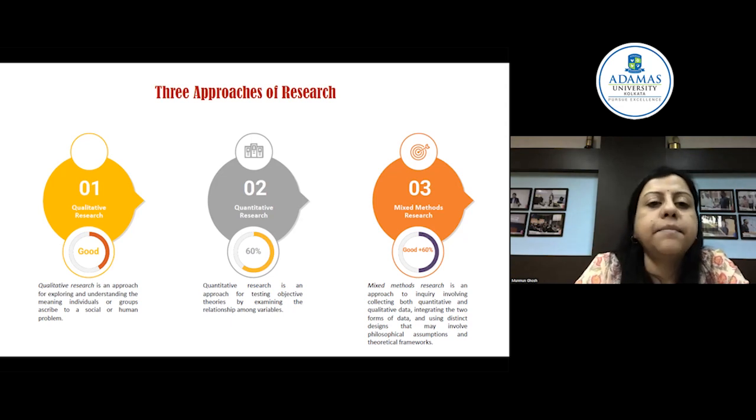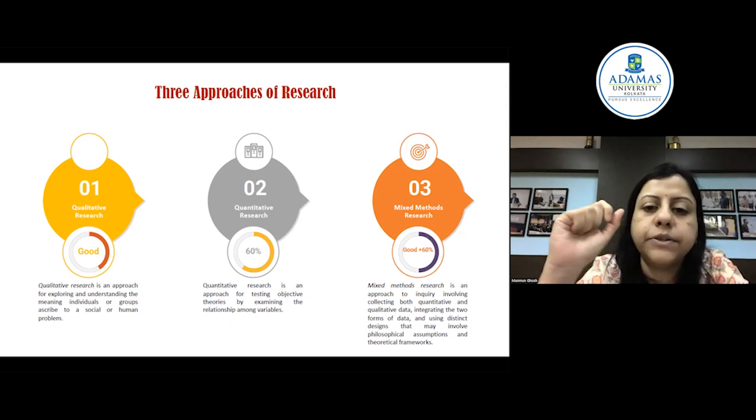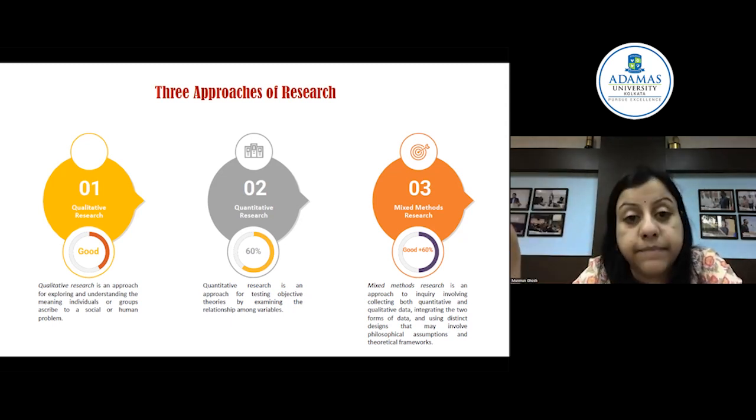When the matter of understanding comes, exploration or qualitative is good. But when the matter of testing any approach, variables, factors, hypothesis, or theory comes, when the word test is used, then quantitative research comes.